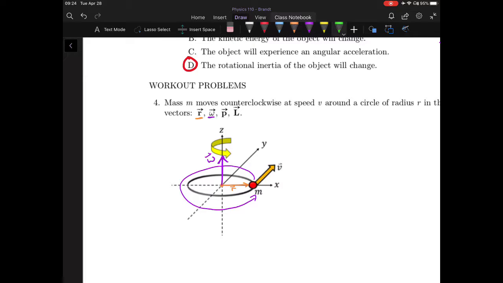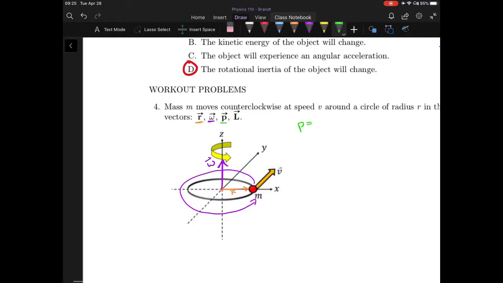So the next one we'll do is P, or our linear momentum. So P, if you guys remember, equals mv. So the direction of momentum comes from velocity.